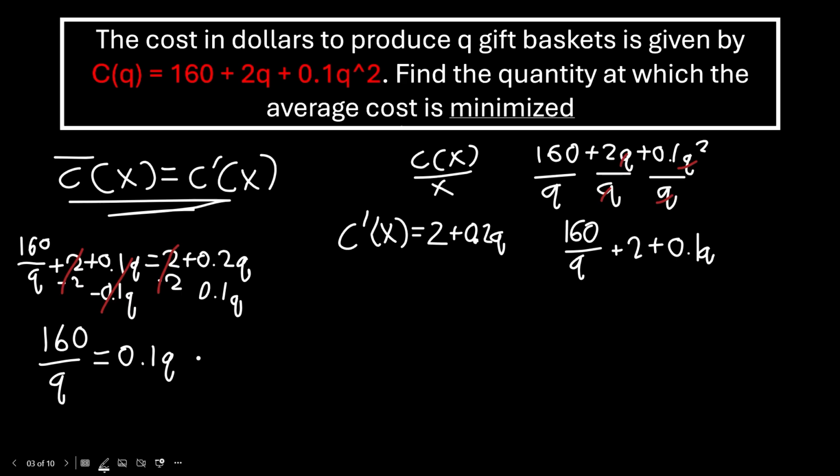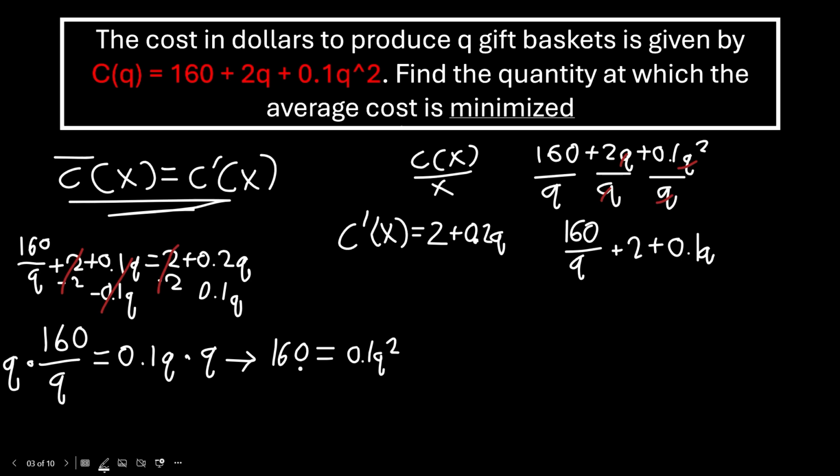Our third step is to multiply both sides by Q to get rid of this division here. And we should get 160 equals 0.1Q squared. Sorry, I said second to last step, but that was our third step.